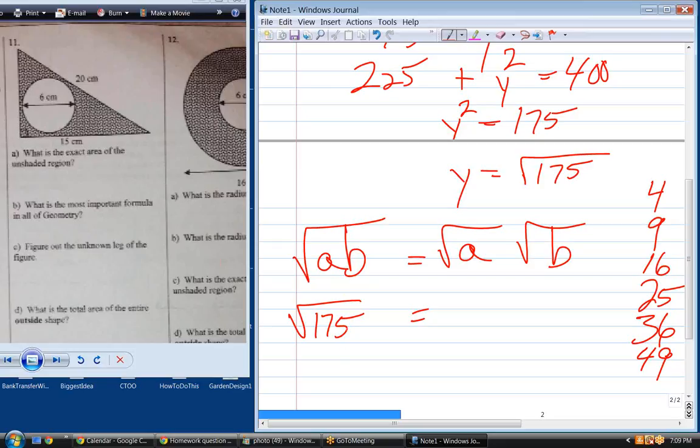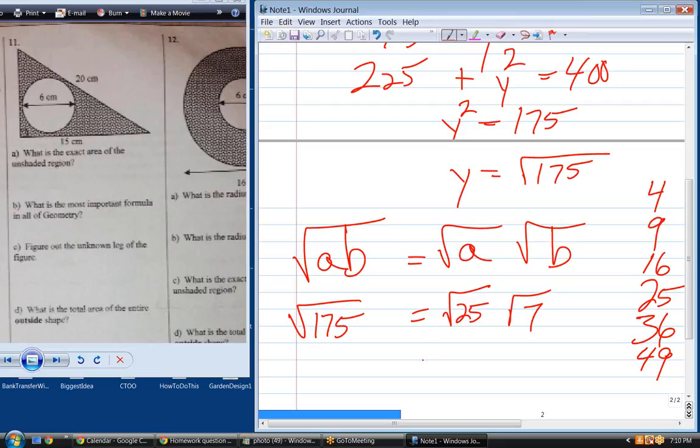First of all, if you see a 5 as the last digit, you're looking to divide that by something that has a 5 in it, usually. If you're looking for a factor of it. Well, use your calculator. How many times does 25 go into 175? 7. Okay. Which means I can write this as the square root of 25 times the square root of 7, right? Based on that rule above it.